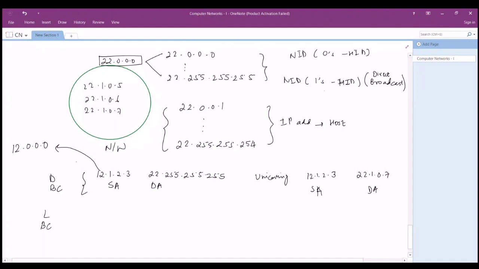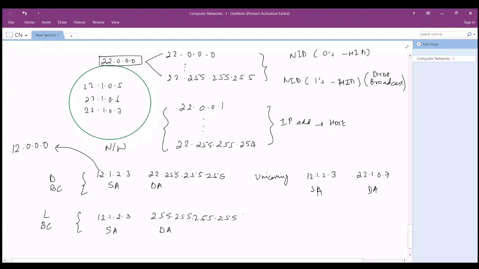Next, we'll talk about limited broadcasting. Limited broadcasting means I have to send all the packets to my own network. So for limited broadcasting, the source address would be the same, but the destination address would be the limited broadcasting address, 255.255.255.255.